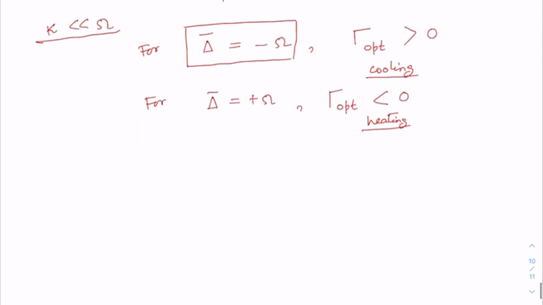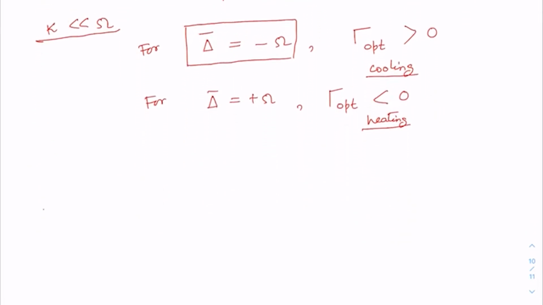It's very simple. Say our laser has a frequency such that our delta, rather than delta bar, let me just take delta because the correction is very small. So if delta is equal to minus omega, you know that delta is equal to the difference between the laser frequency and the resonance frequency of the cavity, so that would be omega optical minus capital omega.